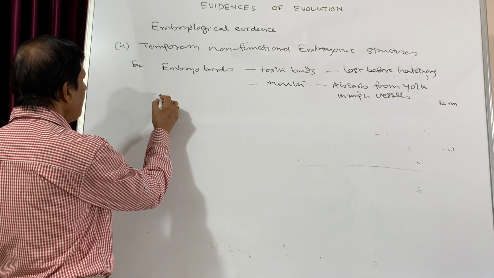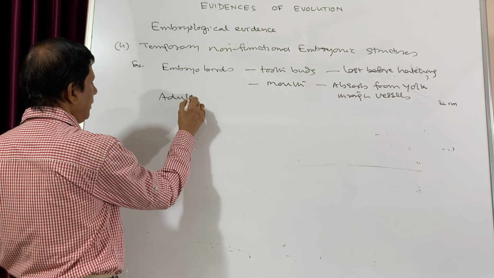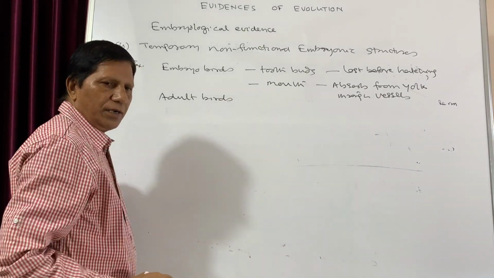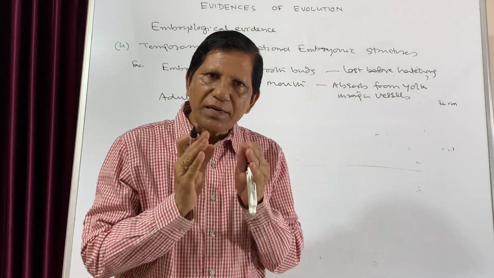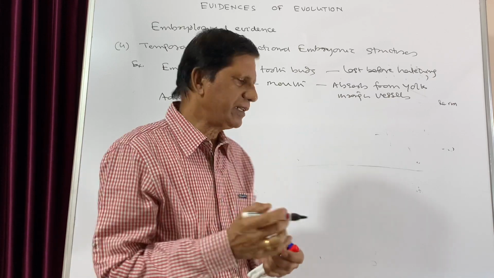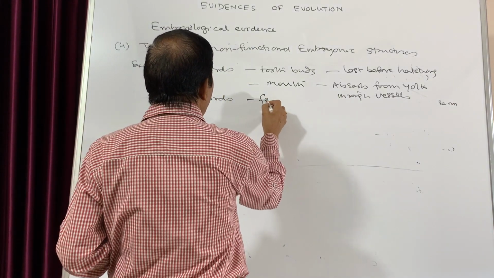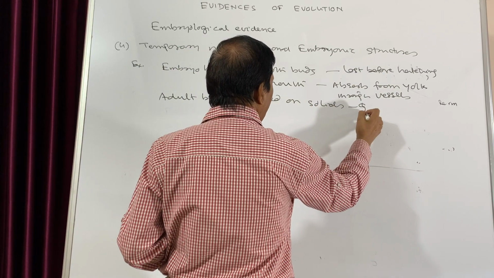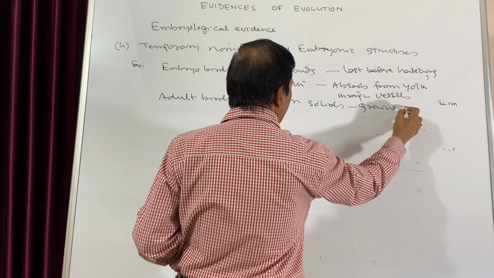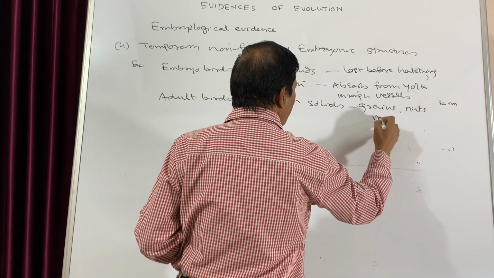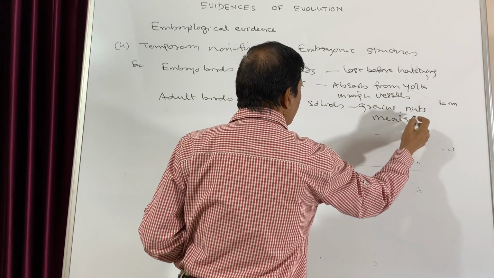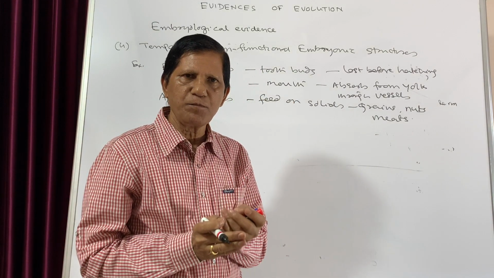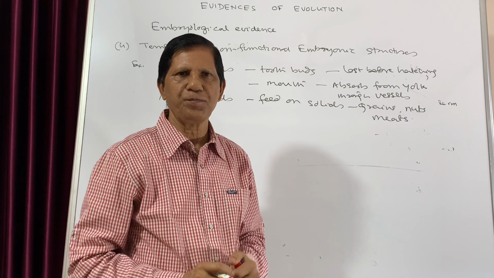Whereas in the adult birds, they would require teeth because usually they feed on solids like grains, nuts, meats. They eat such very hard substances, but they do not have teeth.